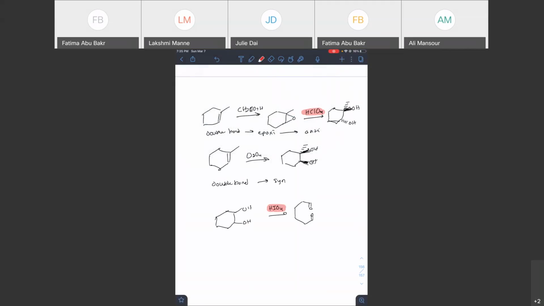But yeah, so there's HIO4, which we use in this case where we have a diol, and we're changing it into a dicarbonyl, basically. Or HClO4, which is an epoxide, and we're changing it to an anti-diol. So pay attention to those.